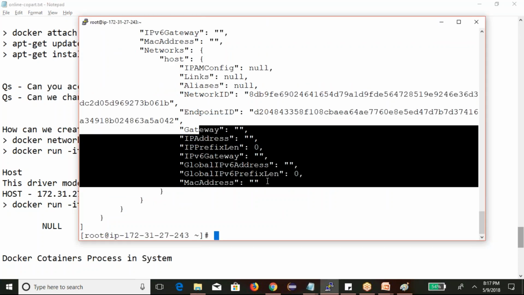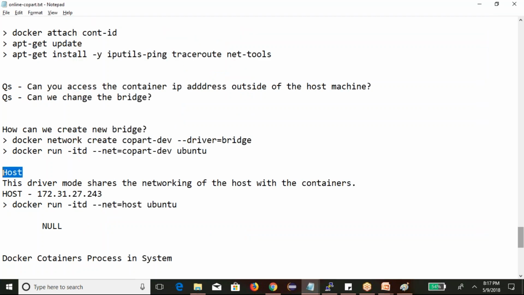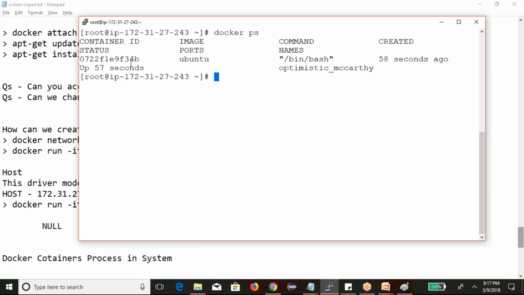The rest of the things are null. So what has happened? Did it not get any IP address? It's not like that. I said when you have network type host, the container will share the network with the host machine only. So in order to prove that, we'll have to get inside the container.